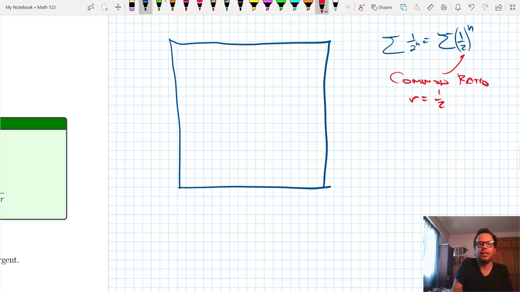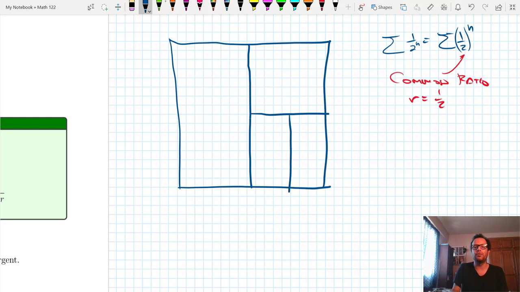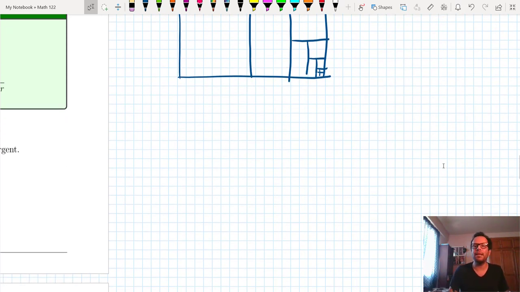For example, if we divide this square into 2 pieces, the first iteration, we would get this. Also, if we divide the square into 2, and then this square into 2, and then one rectangle into 2, and then this into 2, then that into 2, etc., etc. That's how we visualize a geometric series with common ratio r equals 1/2. What about this 1/4 to the n?